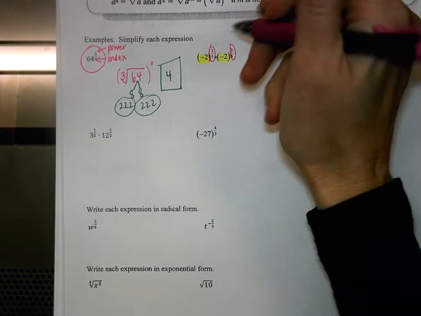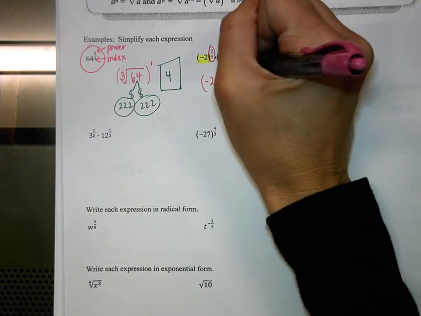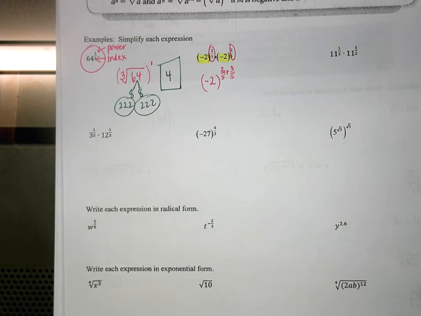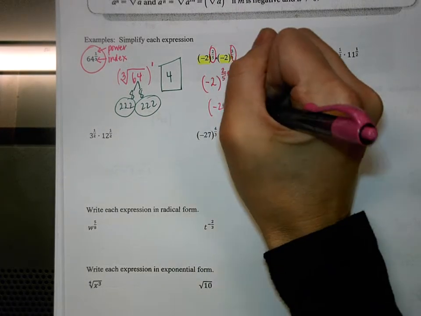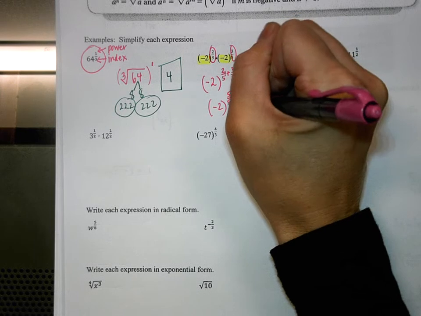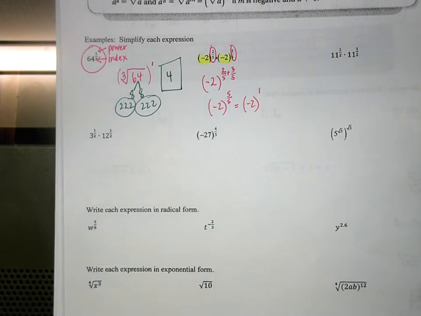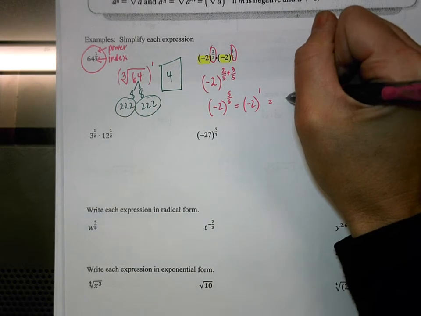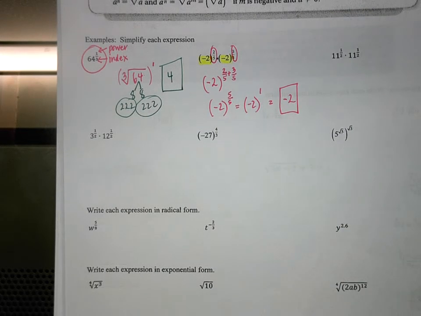So that means I'm really having -2, and I'm going to add 2/5 plus 3/5. What is 2/5 plus 3/5? 5/5, which most of you know is 1. And so -2 to the first power is -2. Okay, sorry, I was a little worried there for a second.